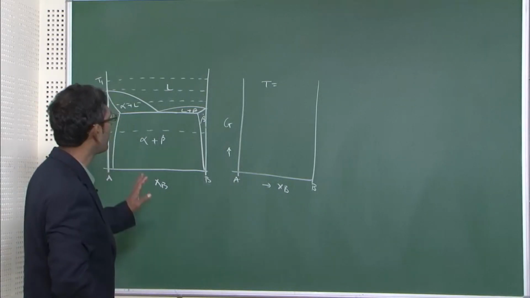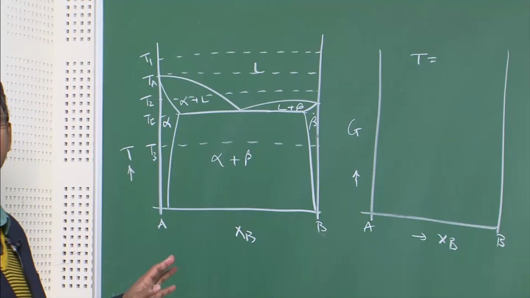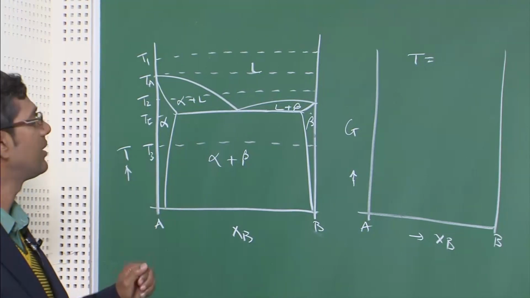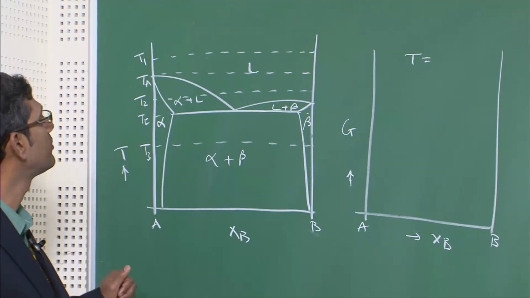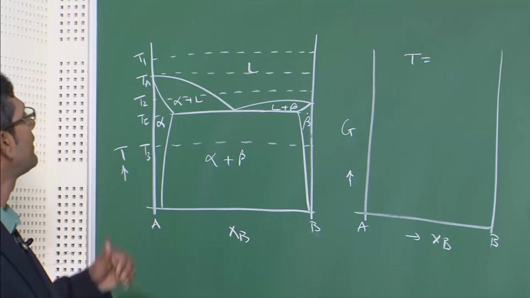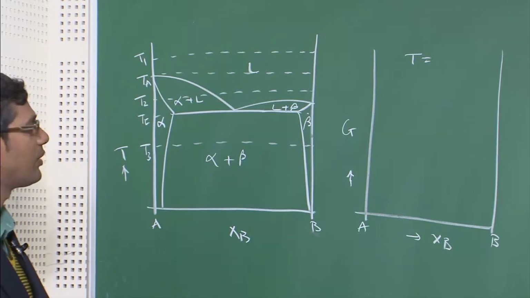These are our generalized temperatures, and basically the way I have selected the temperatures is that this will provide different kinds of possibilities that exist when you draw the free energy composition diagram. So at these temperatures I am going to draw a free energy composition diagram and show you that.